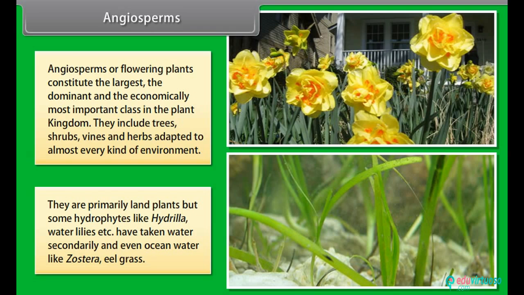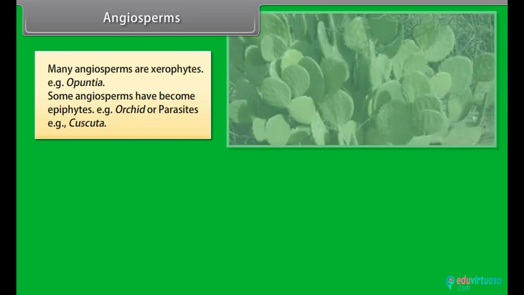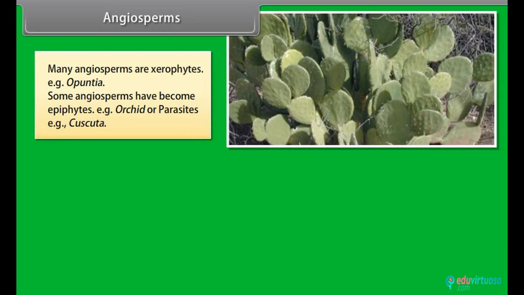They are primarily land plants, but some hydrophytes like Hydrilla, water lilies, etc. have taken to water secondarily, and even ocean water like Zostera, eelgrass. Many angiosperms are xerophytes. Example, Opuntia. Some angiosperms have become epiphytes. Example, orchid, or parasites. Example, Cuscuta.